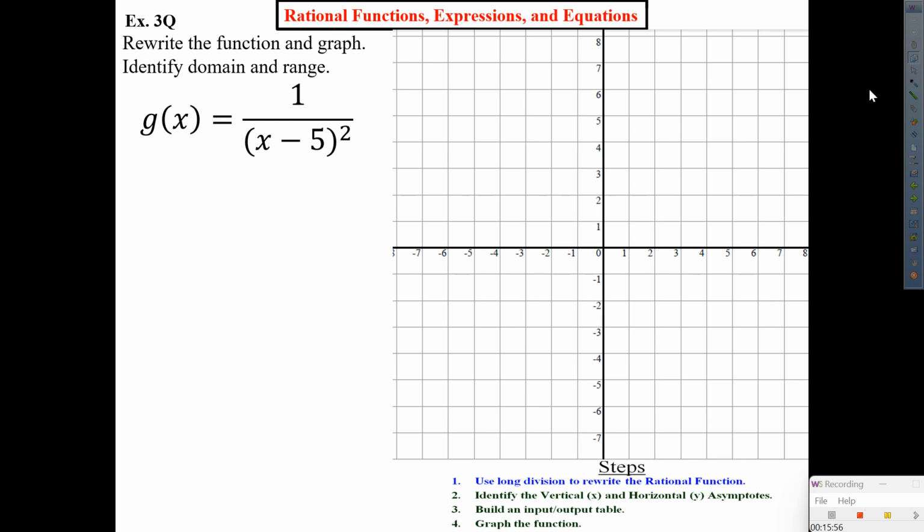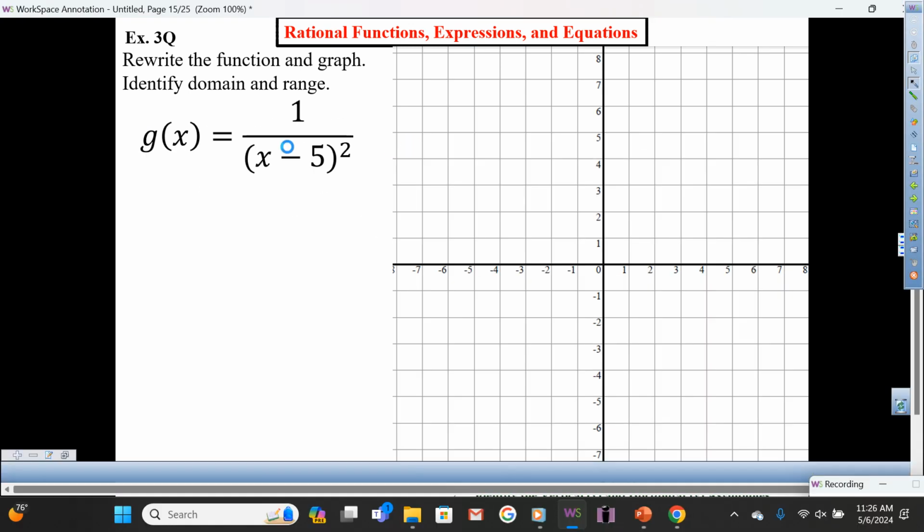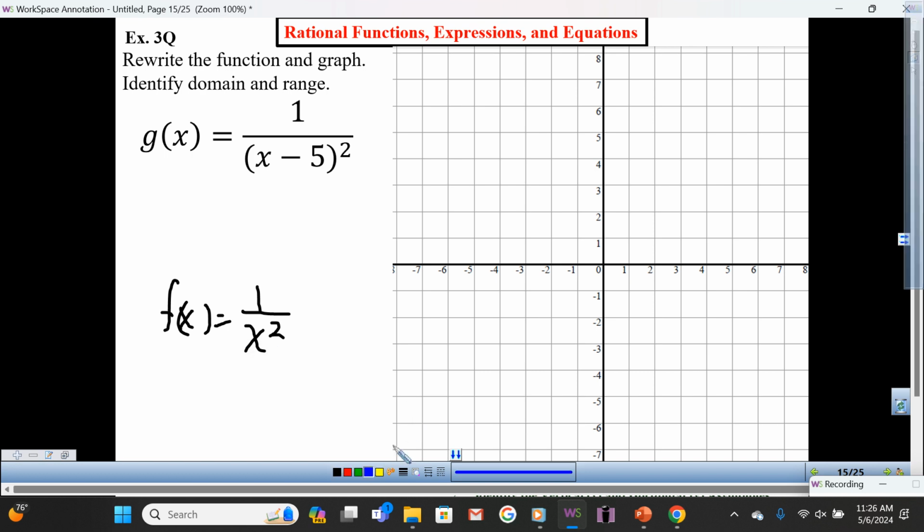So, first things first, before you graph that, you need to graph the parent function f of x equals 1 over x squared. Remind your neighbor what to do for graphing that one. Make sure they know what to do.